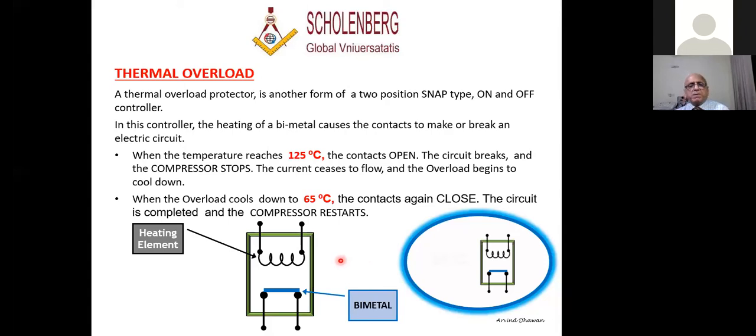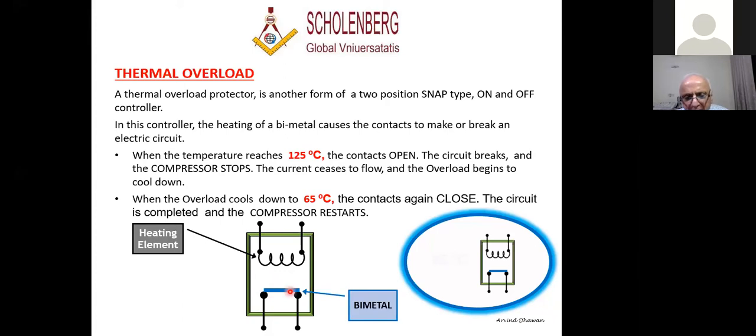This is called trip. When overcurrent goes, there's a heating coil inside this overload. It starts getting heated up like a heating element. When this heating element gets heated up, this is a bimetal. Bimetal expands and contracts by virtue of the change in temperature.